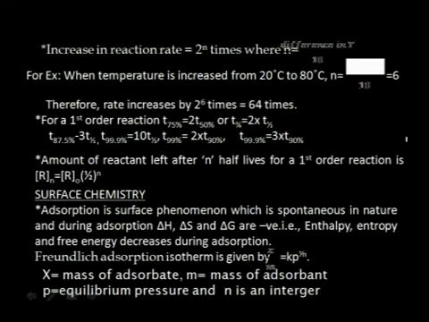In the reaction 2N2O5 gives 4NO2 plus O2, the rate is expressed as follows, and you have been asked to find out the relations between K1, K2 and K3.